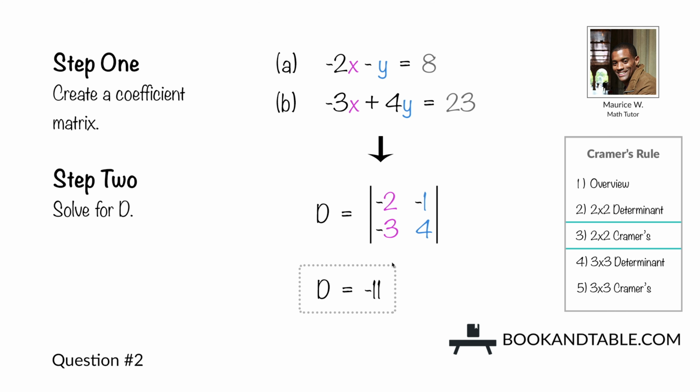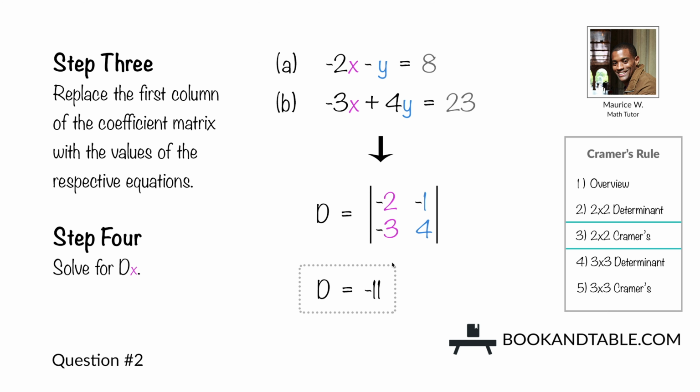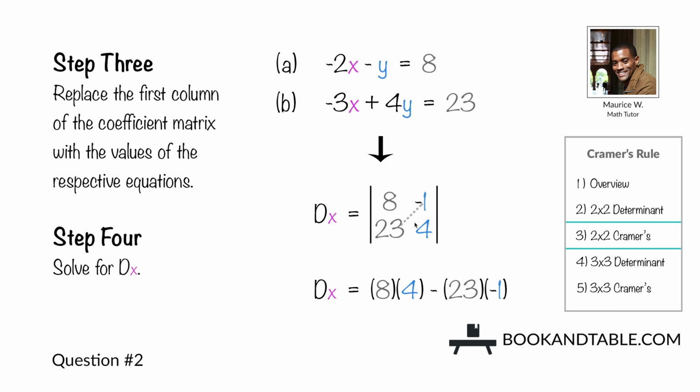So we can put this to the side, and now we want to try to find dx. So we want to replace the first column of the coefficient matrix with the values of the respective equations, 8 and 23. So now we can use this 2x2 to solve for dx. So we want to multiply 8 times 4, and then we subtract 23 times negative 1.